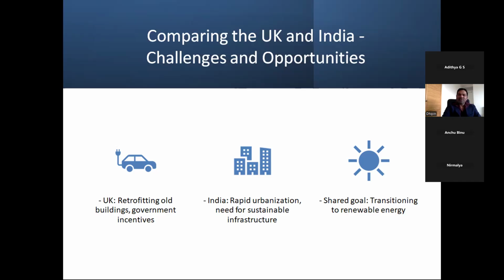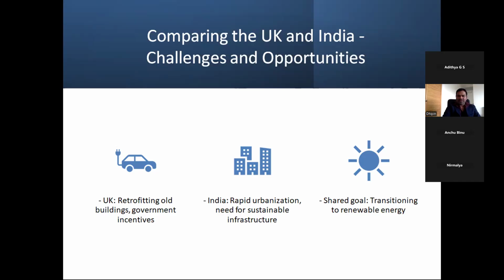And not only for cars, even for changing the boiler to a recent heat energy system, there is a grant of 8K, which is 8,000 pounds. The government pays the bill for changing to the latest system. Those kinds of initiatives are taken by the UK government. I believe even in India, you might have some kind of grant for switching to the latest technology.